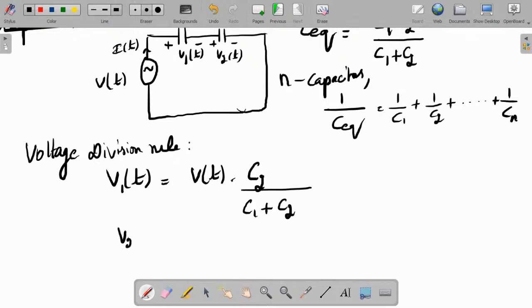Similarly, V2 of t will be equal to V of t into the opposite capacitance C1 divided by the sum of capacitances C1 plus C2. Next, let us see the parallel connection.